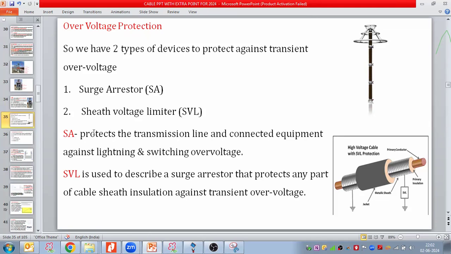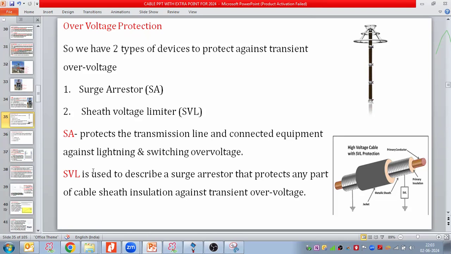So the surge arrestor protects the transmission line when it is connected in the line, and protects the connected equipment against lightning and switching over voltage.